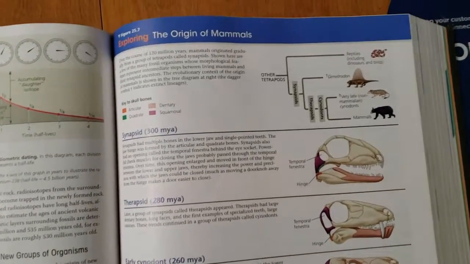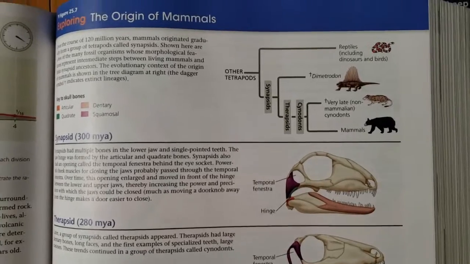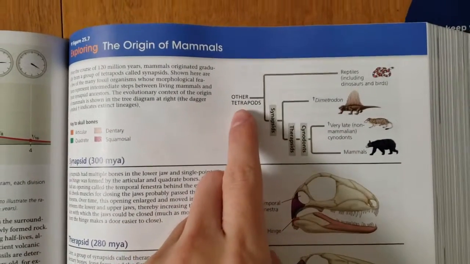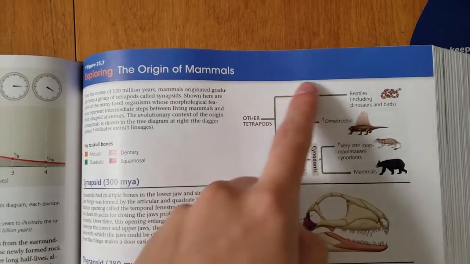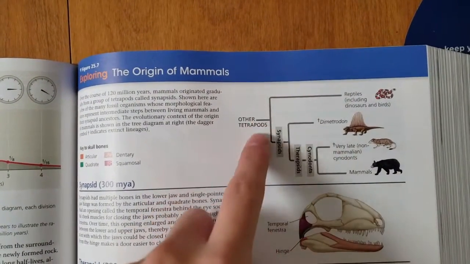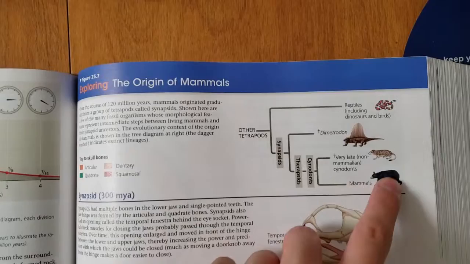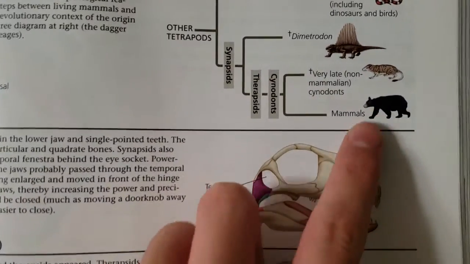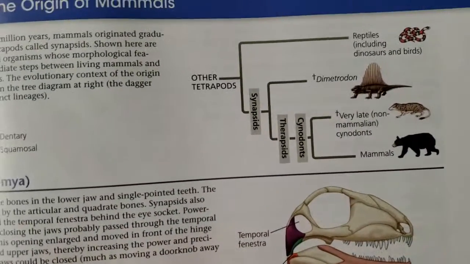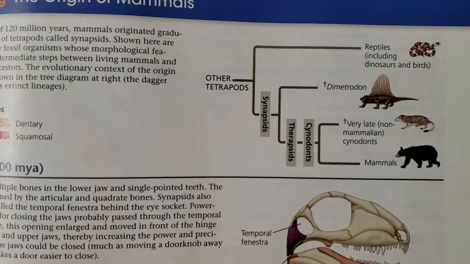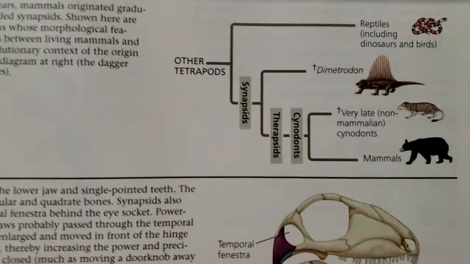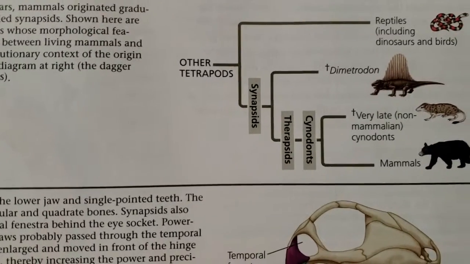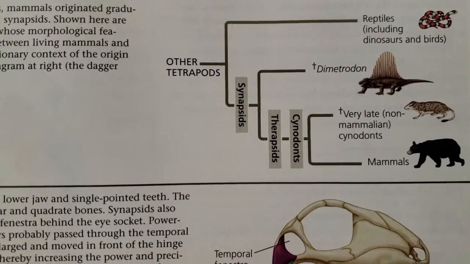As we can see through this phylogenetic tree, we have the pteropods, and this branches off into reptiles, and then eventually we get to mammals. But before that, we also have our synapsids, which branch off into the Dimetrodon.